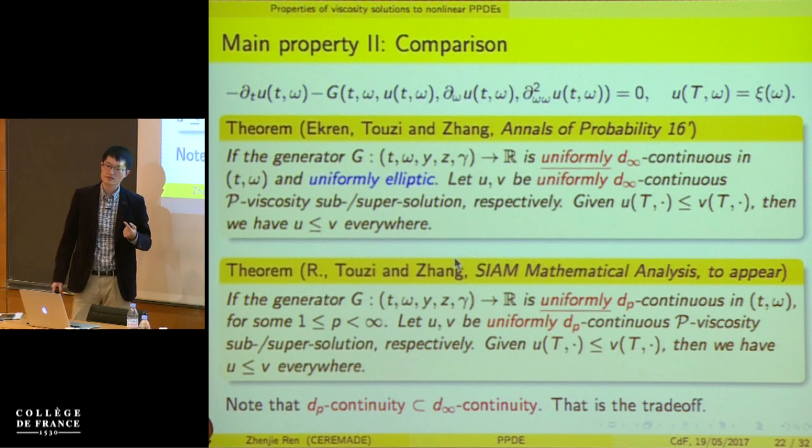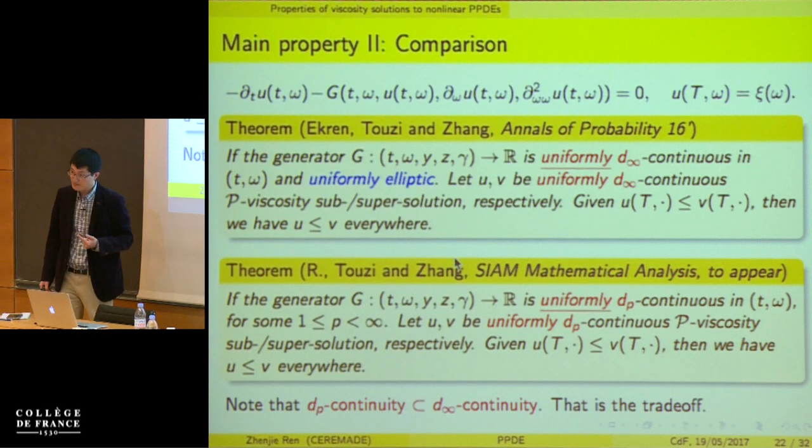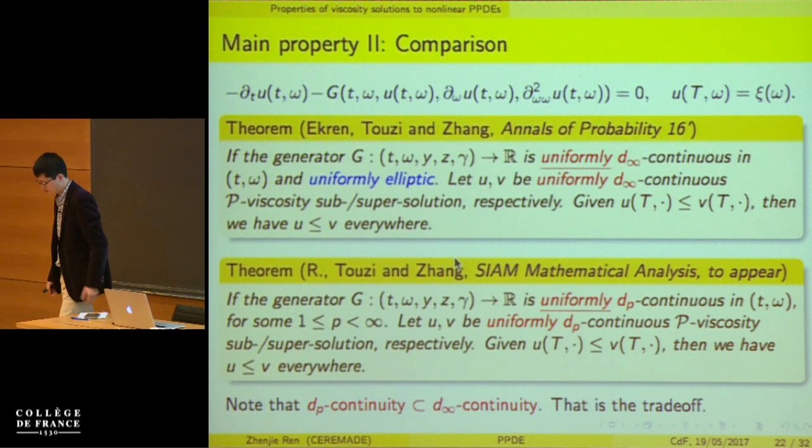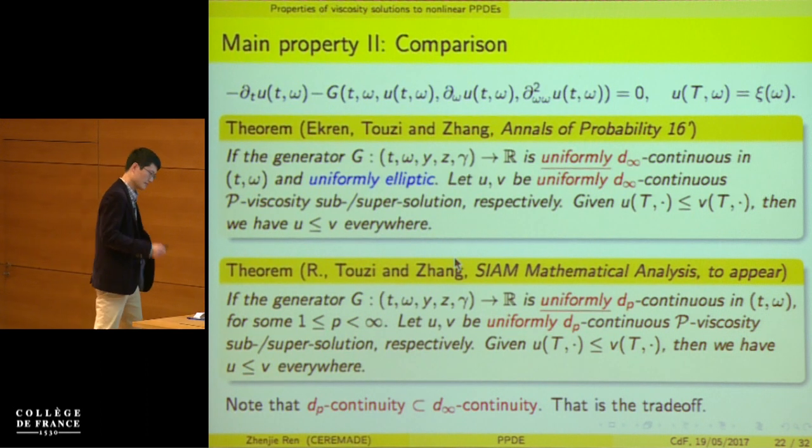If we assume this kind of uniform continuity, we will exclude a lot of applications of HJB equations. But this is a technical problem. We haven't solved it yet, but in the following talk, we can say something about it.